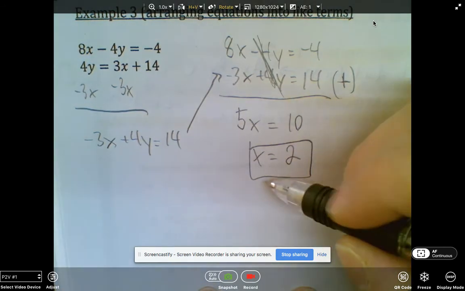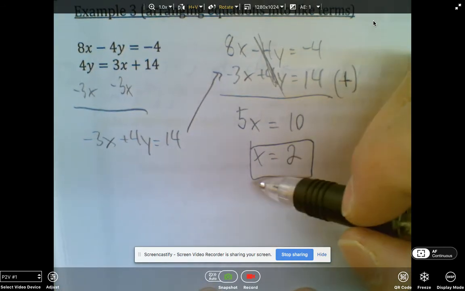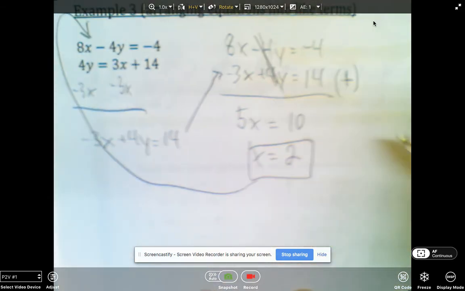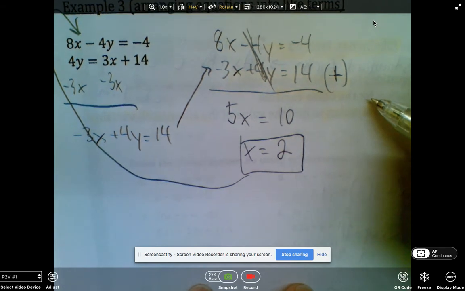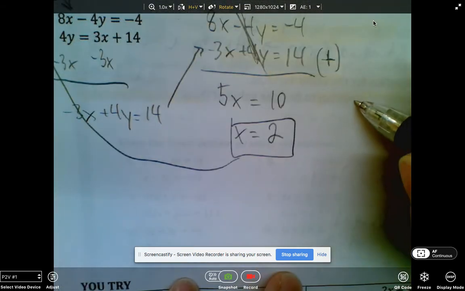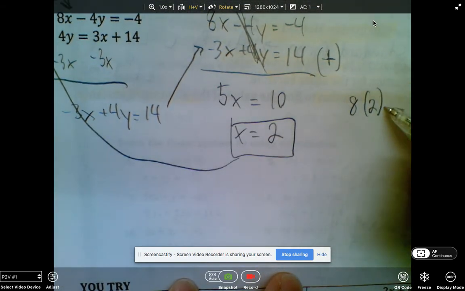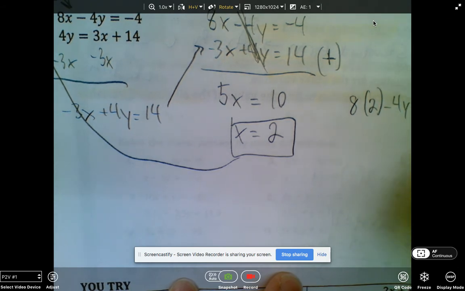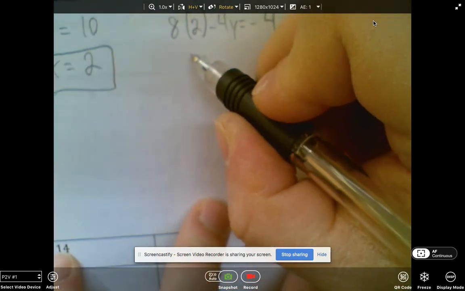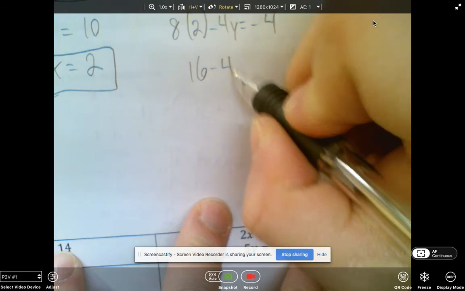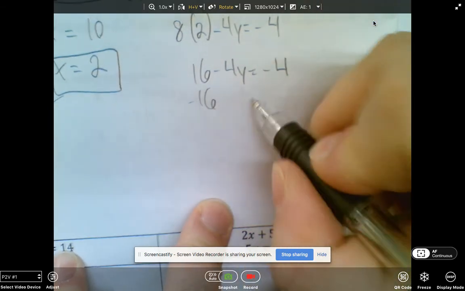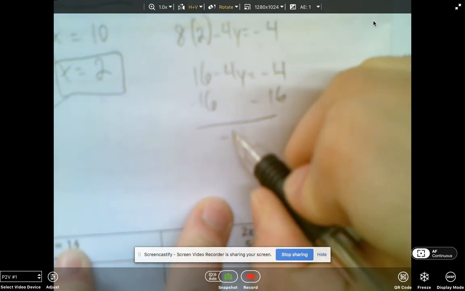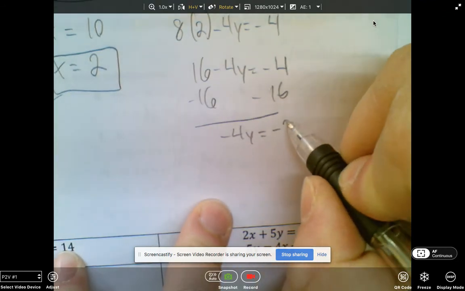So now I'm going to back sub it into the first one here. When I back sub it in there, can someone tell me what you're left with? Yep, it's 8 times 2 minus 4y equals -4. So that gives me 16 minus 4y, and then minus 16, -20.